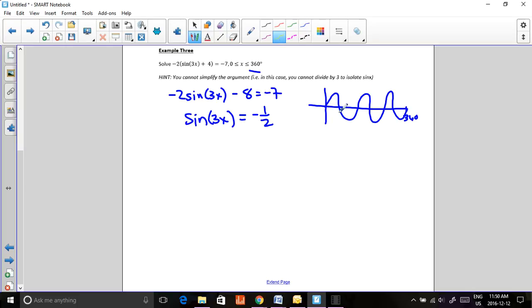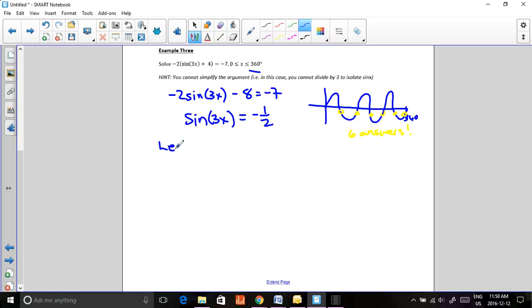So -1/2 is going to happen 1, 2, 3, 4, 5, 6 times. There's going to be 6 answers. Because we have a 3 here, the period has been compressed, divided by 3. So we have 3 cycles within 360 degrees, 2 answers a cycle, 6 answers.